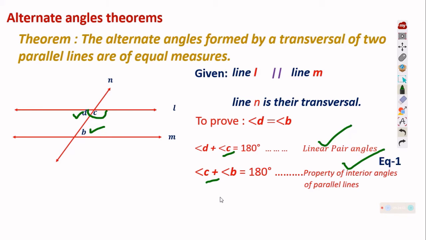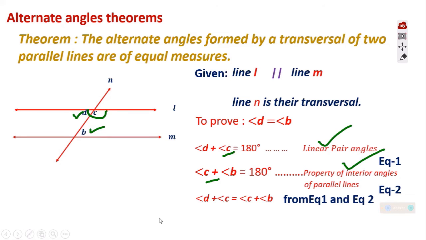That means angle D is equal to B, because we have C common. Which is the proof that alternate angles formed by a transversal of two parallel lines are of equal measures.